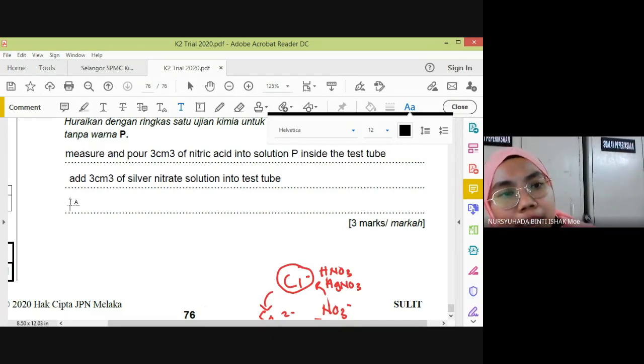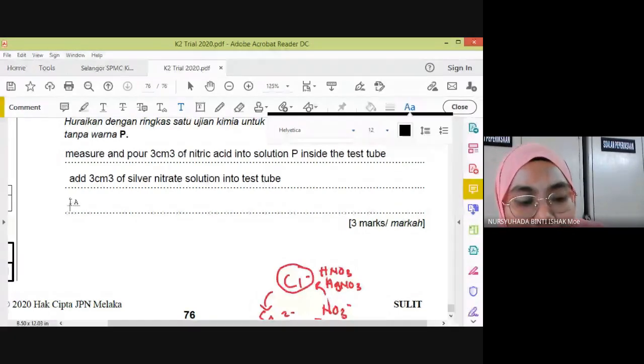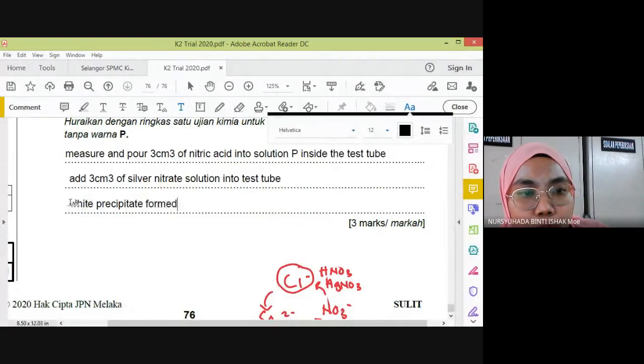Observation apa bila kita dah bubuh nitric acid dan kita bubuh silver nitrate? Apakah observation dia? White precipitate formed shows the presence of chloride ion. Okey, selesai.